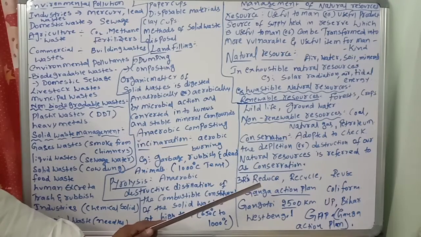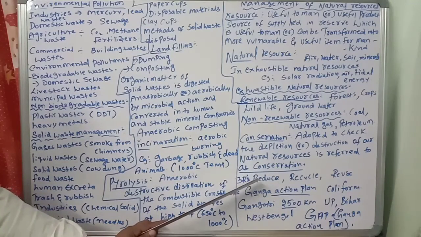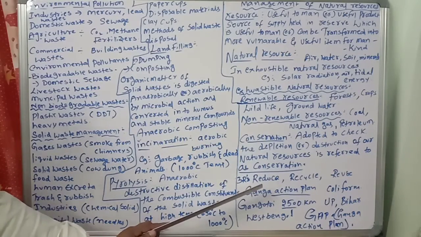Recycling includes recycling of materials like paper, plastic, and glass, which may be recycled into desired objects. Reuse: what is reuse? The process of reuse is considered better than recycling. So instead of recycling, you can reuse the substances. For example, a cell phone, we can give for recycling.